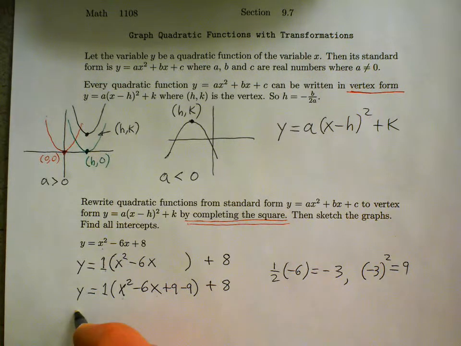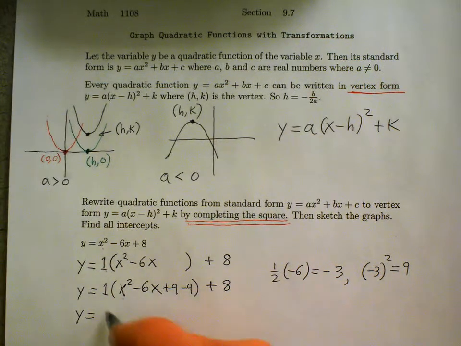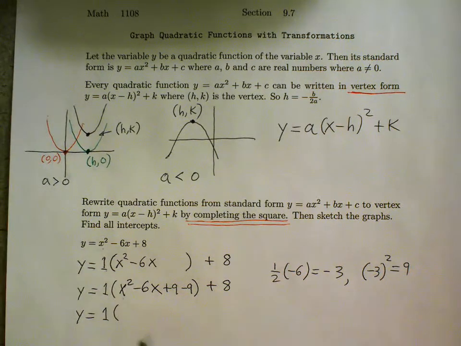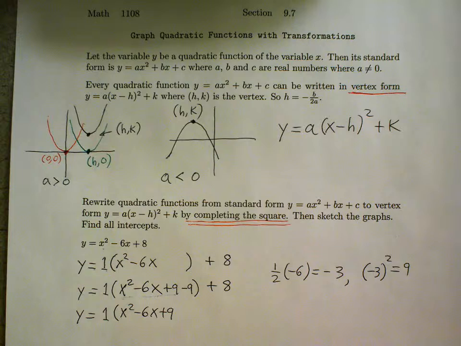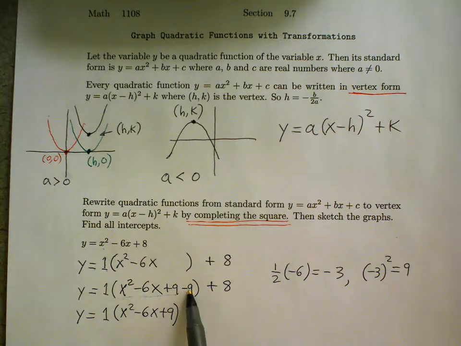In the next step, inside the parentheses, we're going to keep the perfect square trinomial, the x squared minus 6x plus 9. We want to keep that part. And then in this line right here, apply the distributive property, multiply 1 times -9, which is -9.